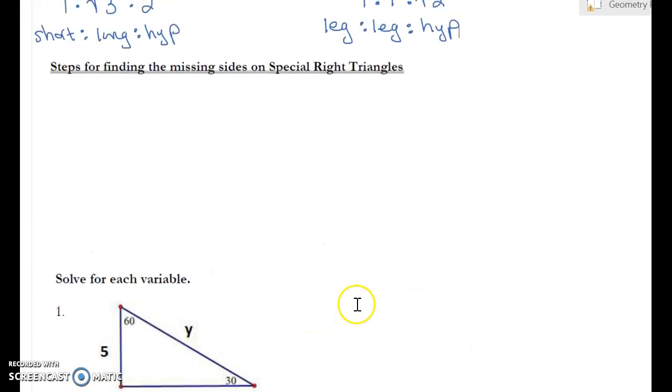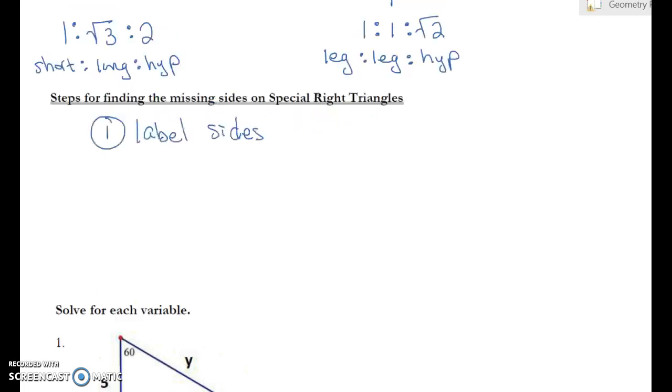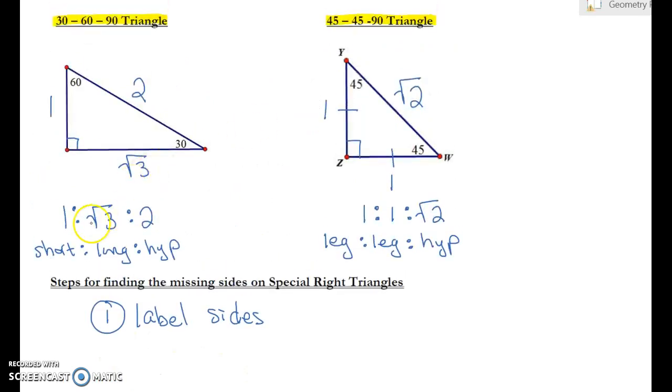Okay, so steps for finding missing sides on special right triangles. Step one, you want to label the sides. So if it's a 30, 60, 90, you're going to label short, long, height. If it is a 45, 45, 90, you could do leg, leg, height.